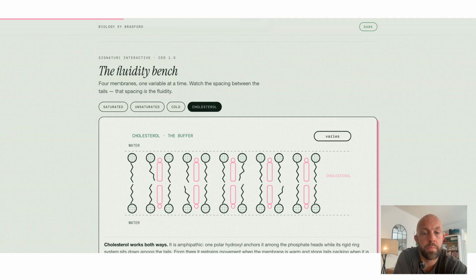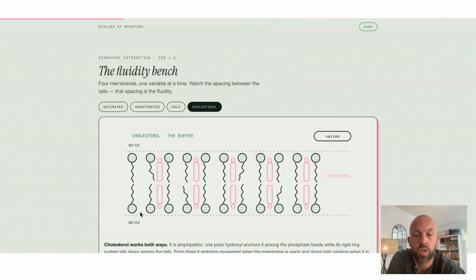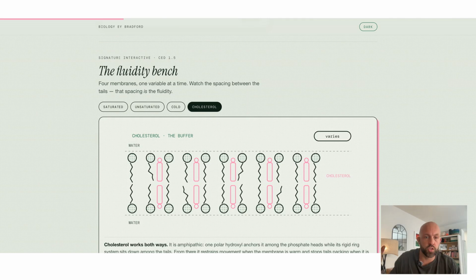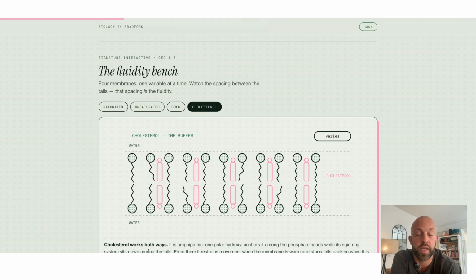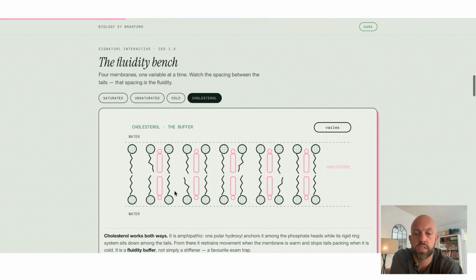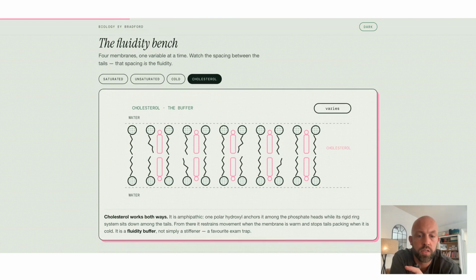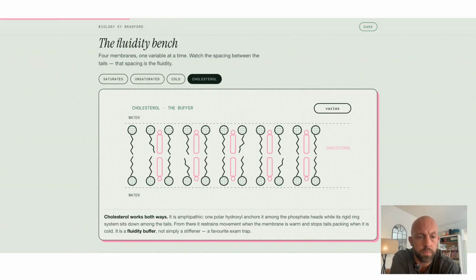And when it's cold, it's going to increase the space between the phospholipids and make it more fluid. And when it's warm, it actually works the opposite way, and it pulls things together that are spreading out too much, and it increases the attraction between them. So we say that it buffers or modulates the fluidity of the membrane because it works differently depending on the temperature.